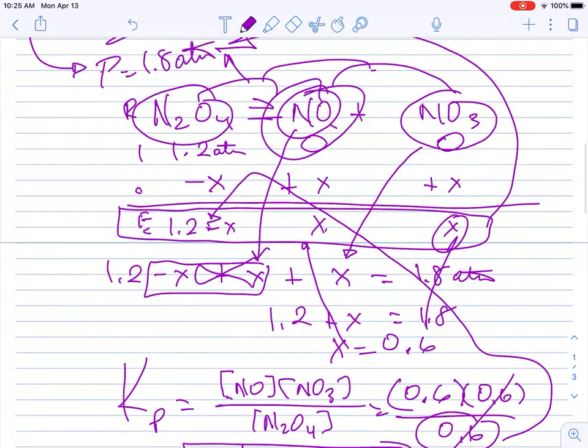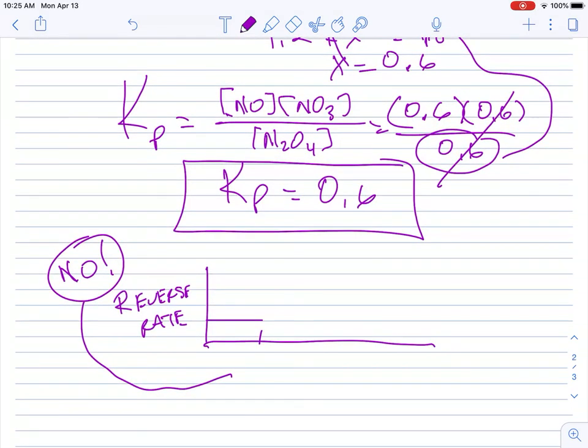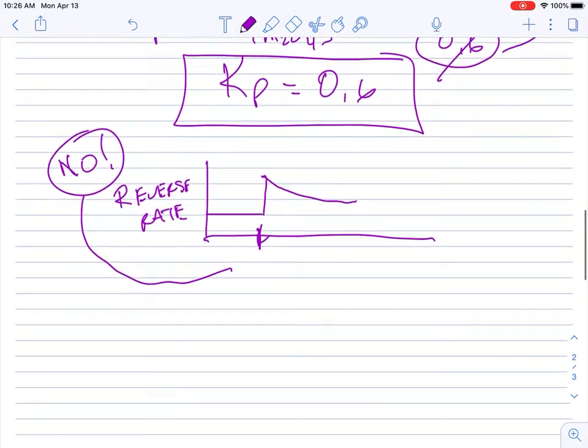Because we're injecting NO, which is a product, that's going to spike that reverse rate. Because now Mother Nature is going to flip out and go, oh my God, we have too much product in here. Eventually this is going to level back off at a new equilibrium point. So we're humming along, we inject some NO, and once I get over to school, I'll show you another demo of how you can play that out using chemicals and heat.